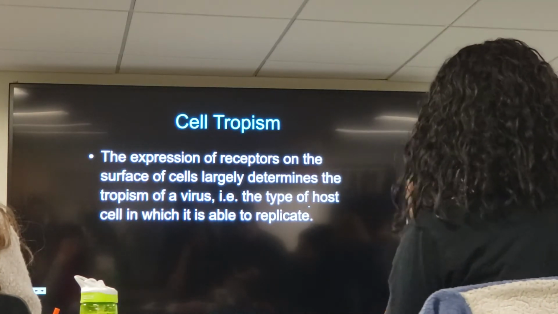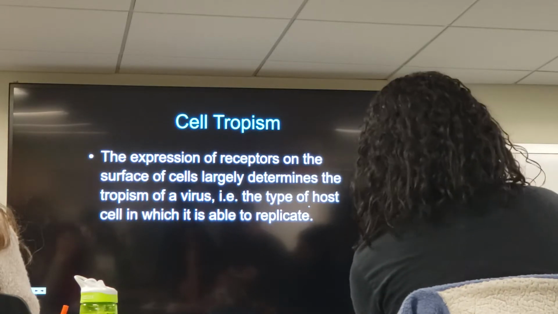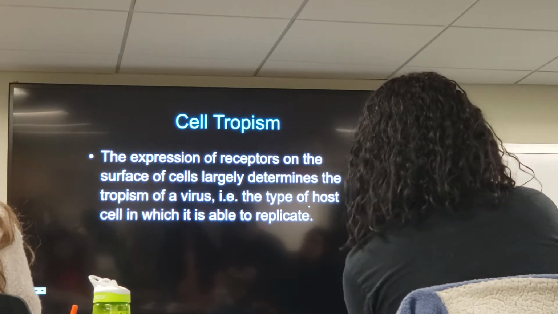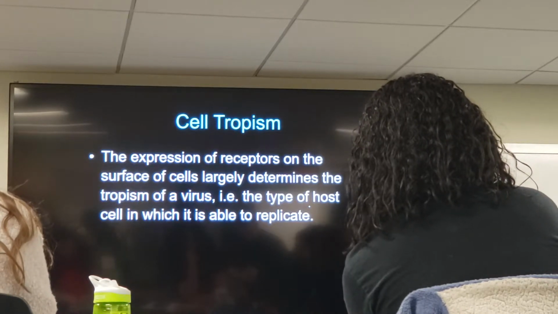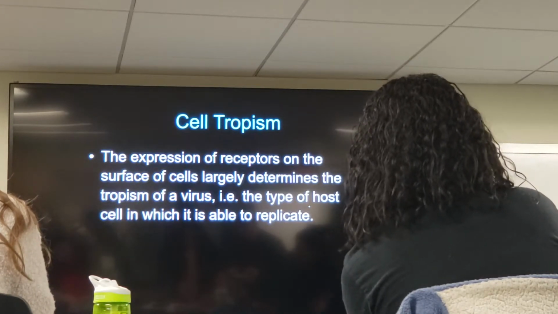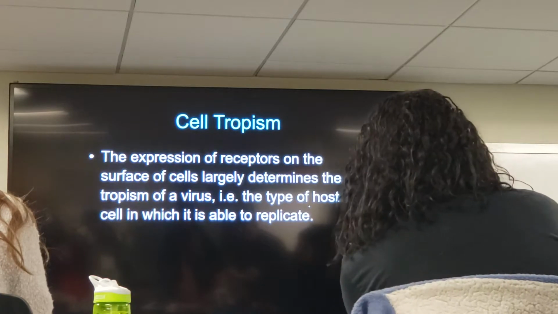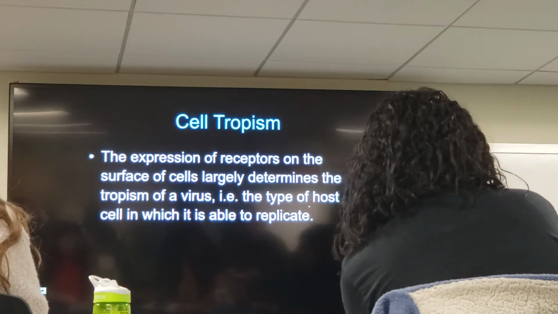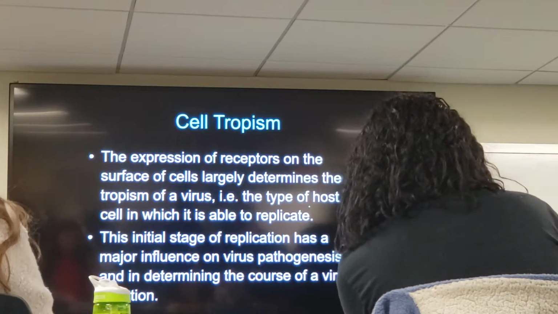I've got to have both of those things to find a potential host cell. If I'm influenza, I have to find a host cell that has the sialic acid receptor on it. Otherwise, that is not a potential host cell for me. So the type of receptors that are present determines whether or not I can replicate within that cell.